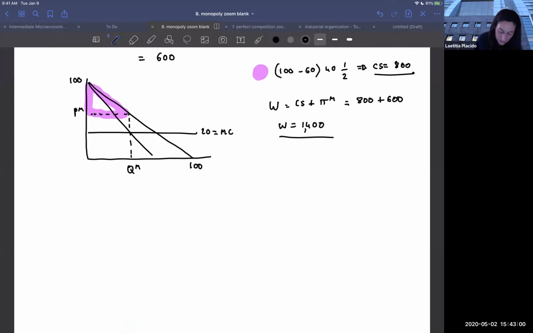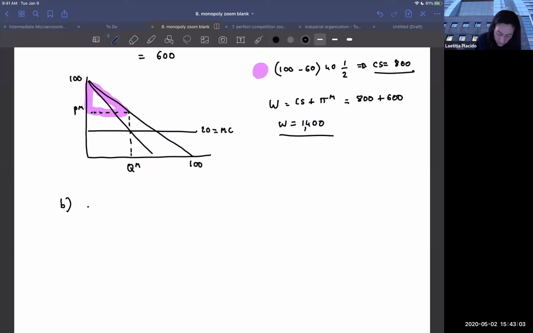If the objective is to maximize social welfare, which again is the sum of consumer surplus and profit, well, the objective is to reach this triangle here in terms of surplus. How do we do that? That's always the same story. You set P equals marginal cost.